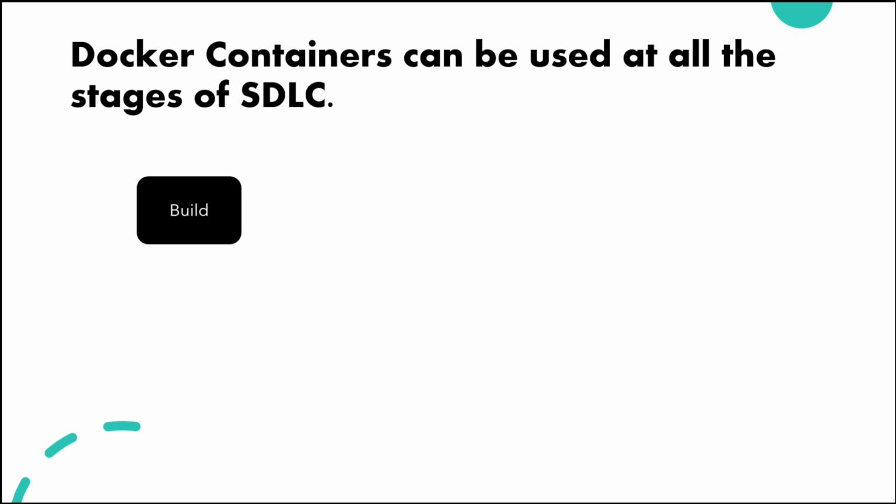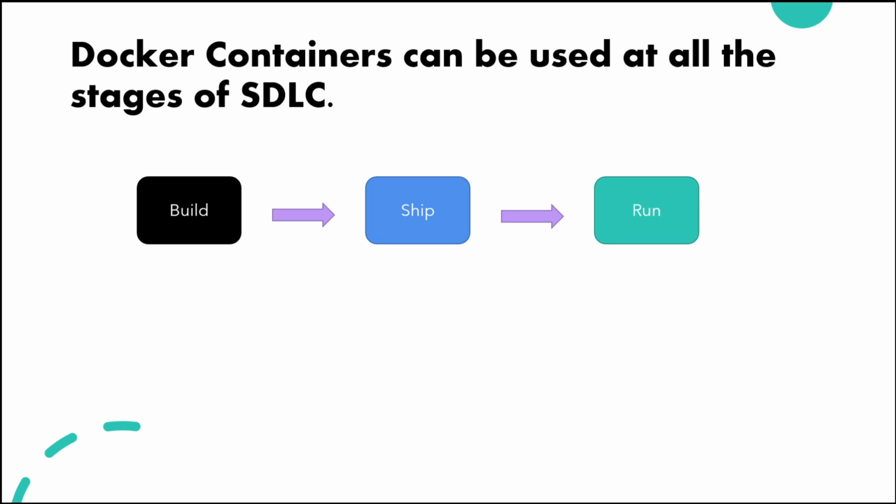Build means creating that application in a development environment. With that, you are going to shipment. That means here ship means testing environment or packaged environment like that. From that, you are able to run like a production environment or live environment. Client or end user can start executing or using it like this.